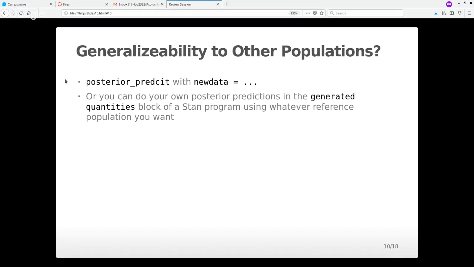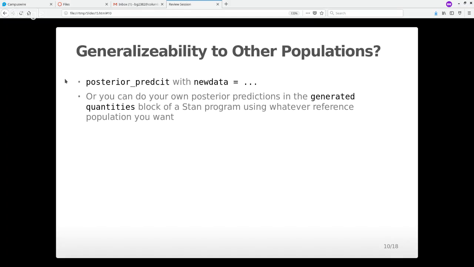Or, if you do your own Stan program, yeah, posterior_predict is not going to work with that. But the idea of posterior prediction, you could do yourself once you have draws from the posterior distribution, and you can apply those to census data or any data set that is representative of the population you want to make predictions about.